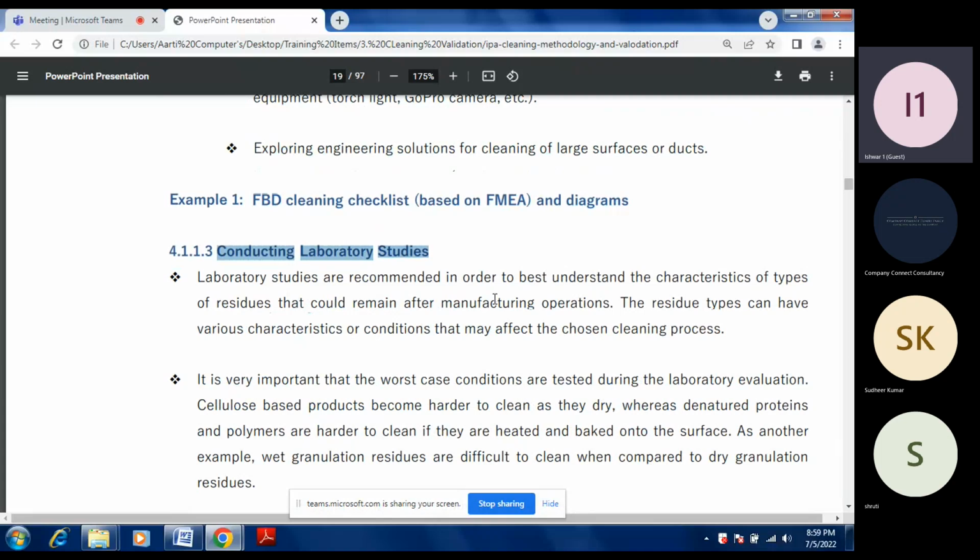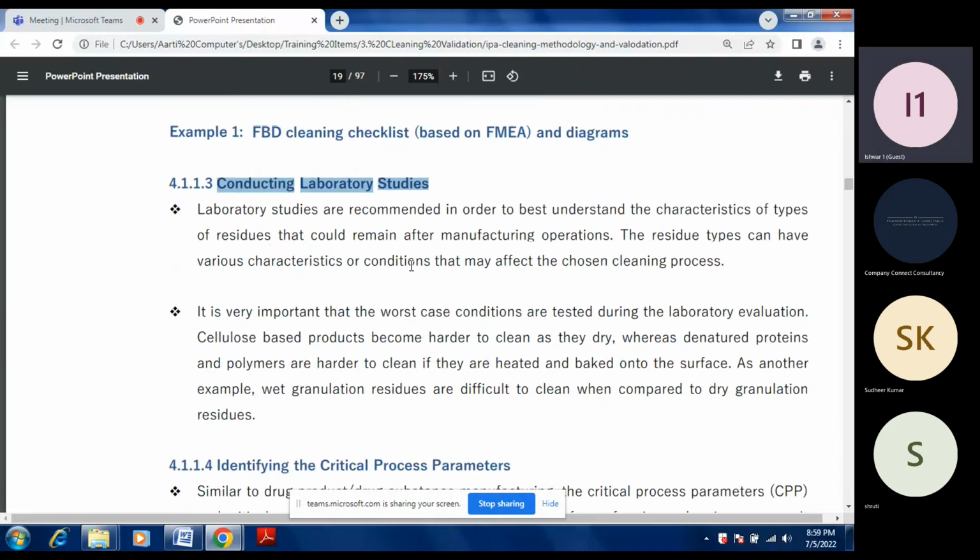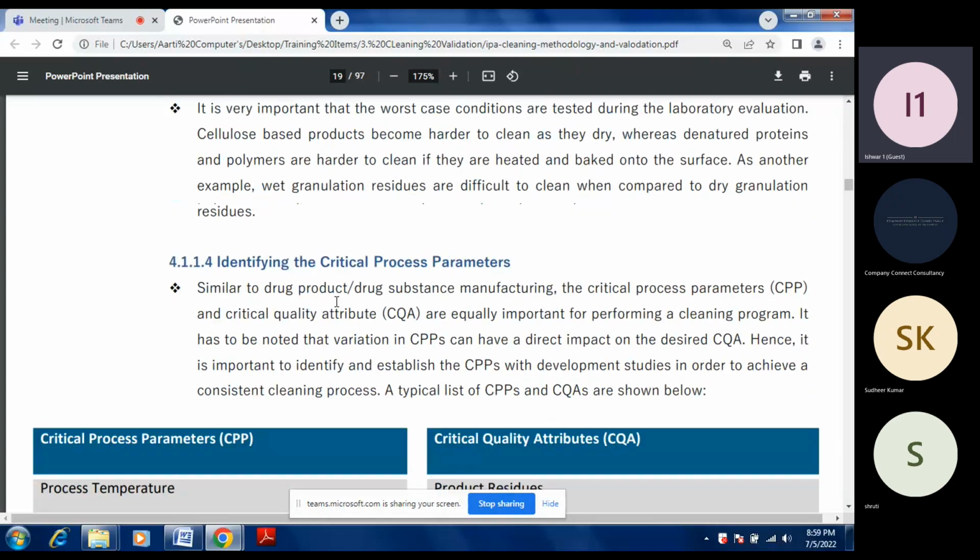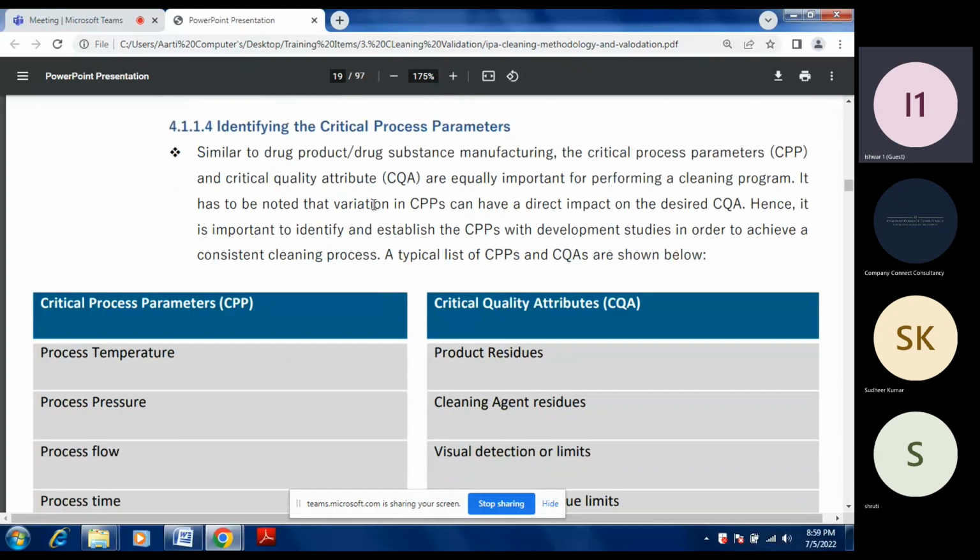If we can perform it, those times we have to record in that checklist: what time we are starting the cleaning, which parts we have to dismantle, which parts we have to clean with purified water, potable water and some cleaning agents, and what process we are following. Everything comes under that checklist.